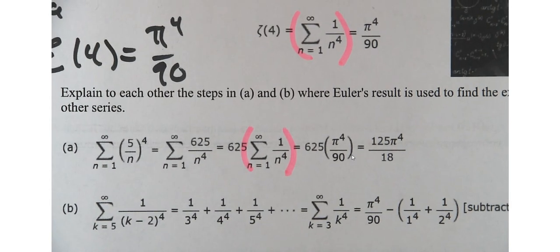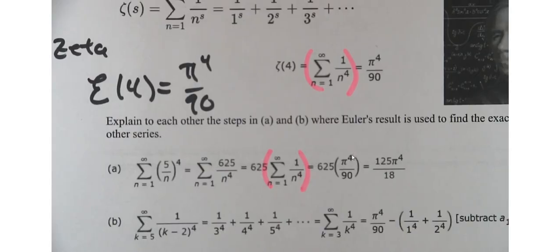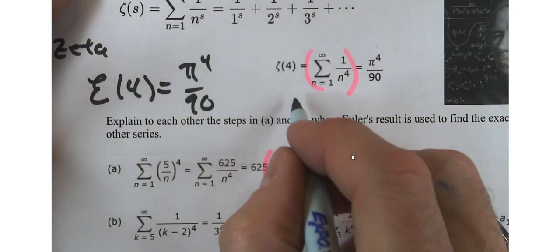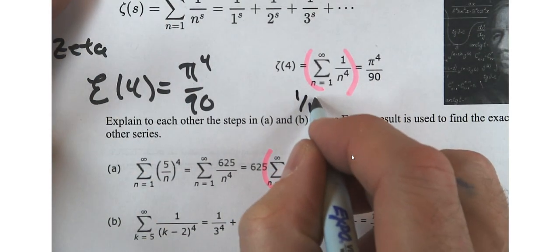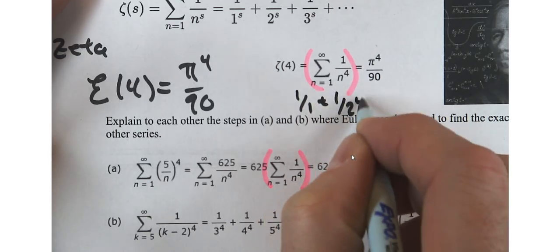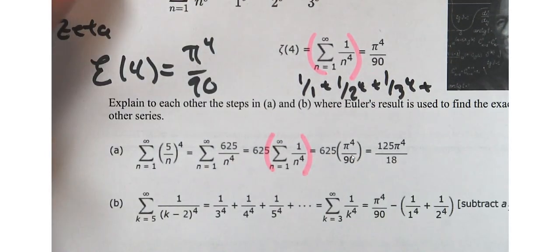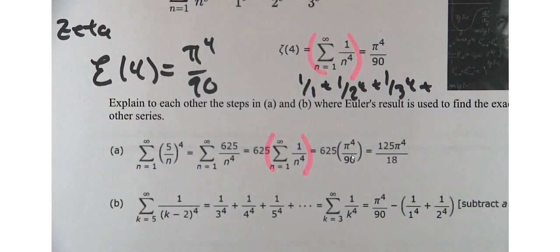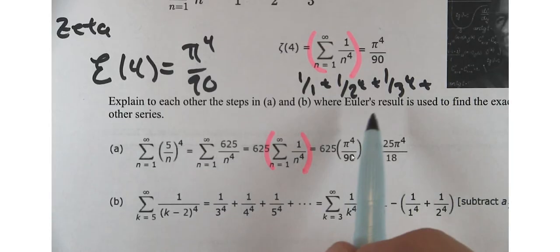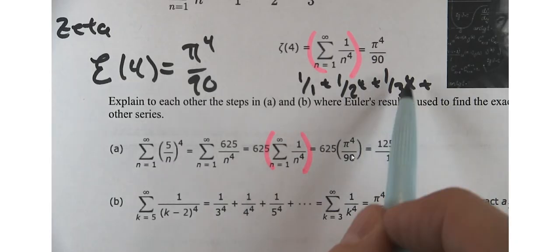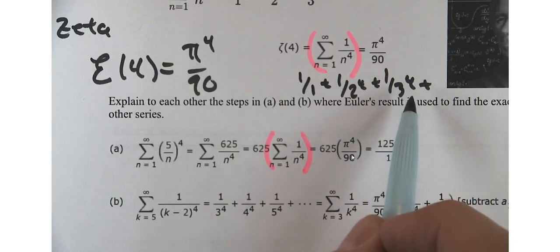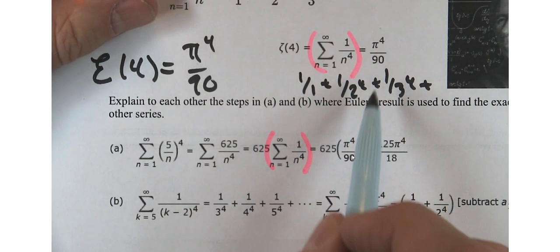The first few terms of that series are going to be 1 over 1 to the 4th plus 1 over 2 to the 4th plus 1 over 3 to the 4th, and so on. But if you take a look at this series, where does it start? It starts at 5, but effectively it's this series starting at 3, right? So it's missing those first 2 terms.